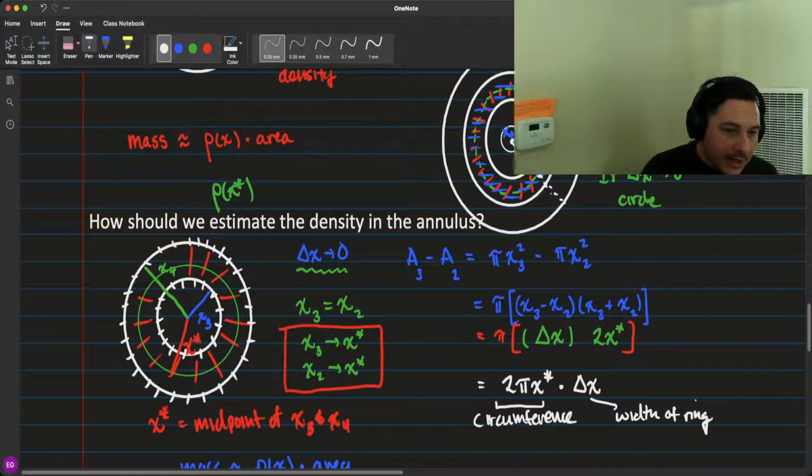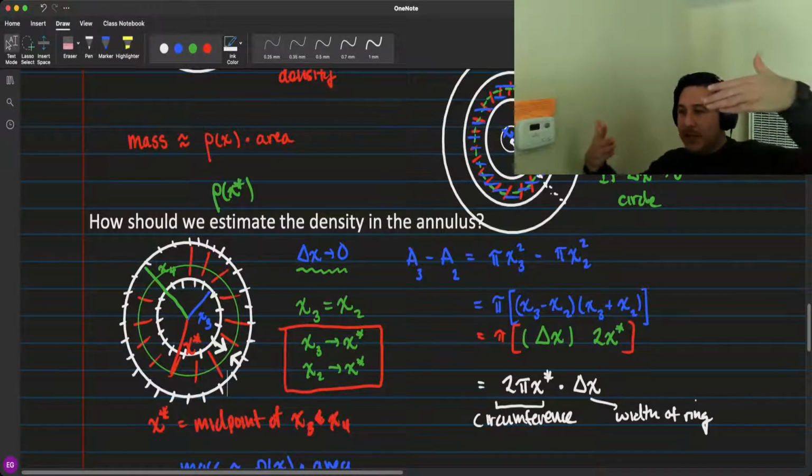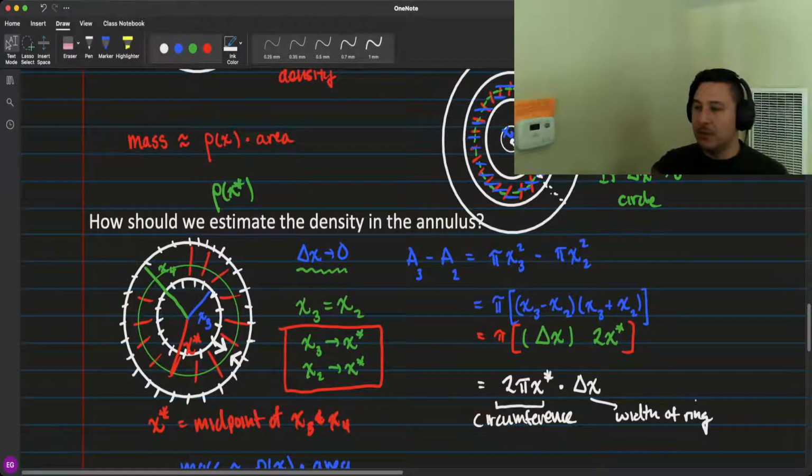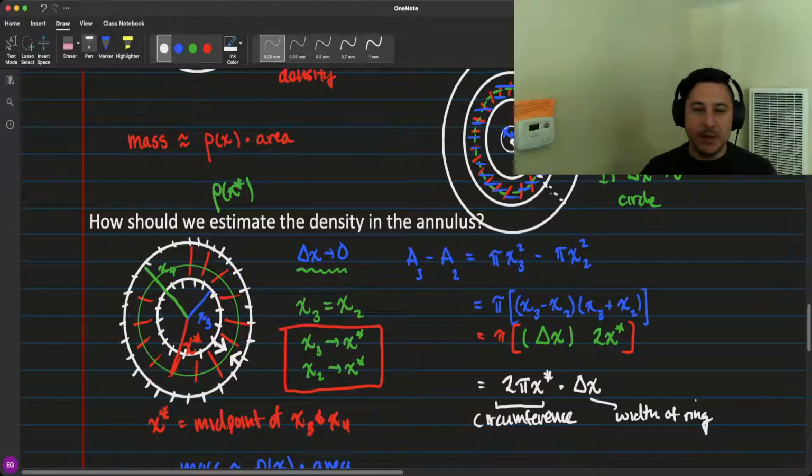The inner white line is going to move out, the outer white line is going to move in, and they are both approaching the green line in the middle, which is the midpoint. So both of them will become equal to x star. Because of that, x3 plus x2 ends up being equal to 2x star over here.